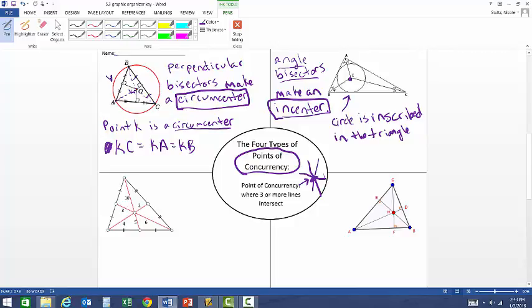Whereas this circle is circumscribed about the triangle. Circumscribed about just means it's drawn outside perfectly. Inscribed in means it's drawn inside perfectly, meaning all the vertices fit on the circle and all the sides of the circle fit within the triangle.